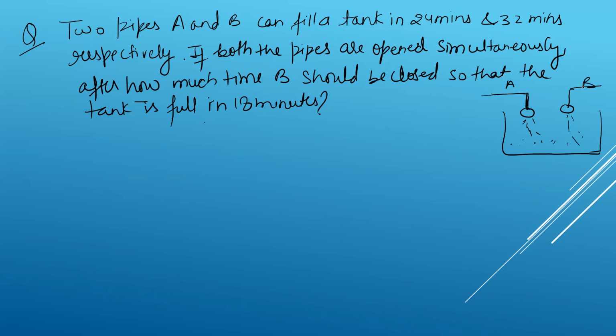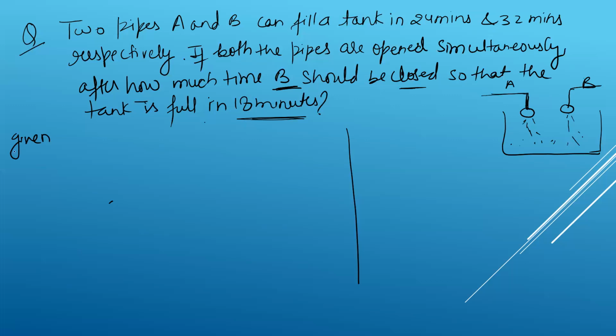Now both are opened simultaneously. After how much time should B be closed so that the tank is full in 18 minutes? That is what we need to find out. So let's understand what is happening and what we have to do here.